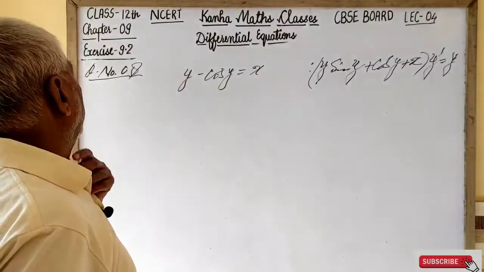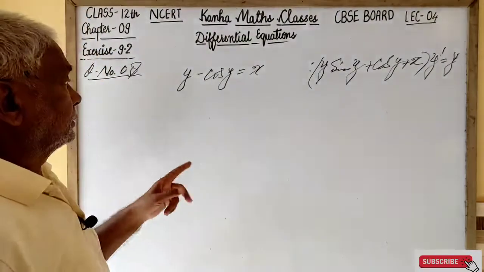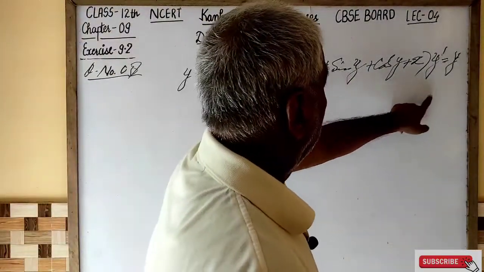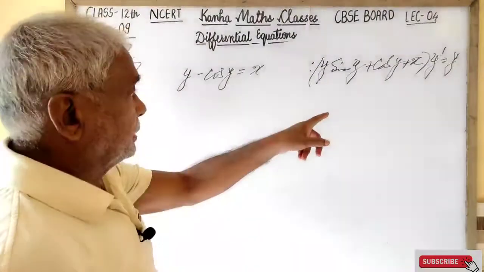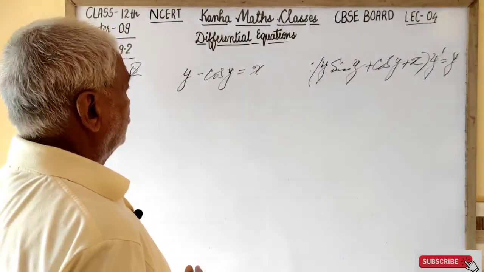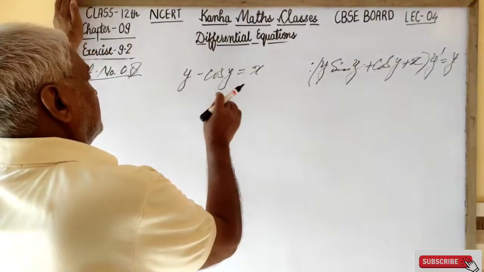Now in question number 8, y minus cos y is equal to x. This is the given function and this is the differential equation. We have to verify this differential equation with the help of the function y minus cos y is equal to x. Now let us differentiate both sides of the function.